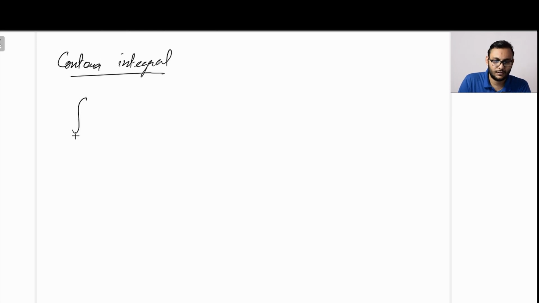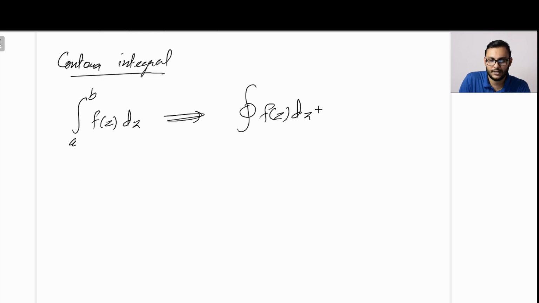We know that the integral from a to b of f of z dz is the normal representation of a complex integral, but when a and b coincide into a single point, then this becomes a closed integral of f of z dz, where this closed integral represents a contour c.